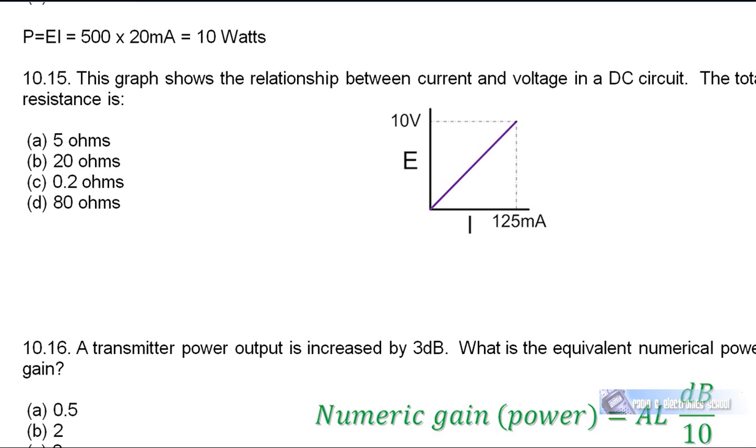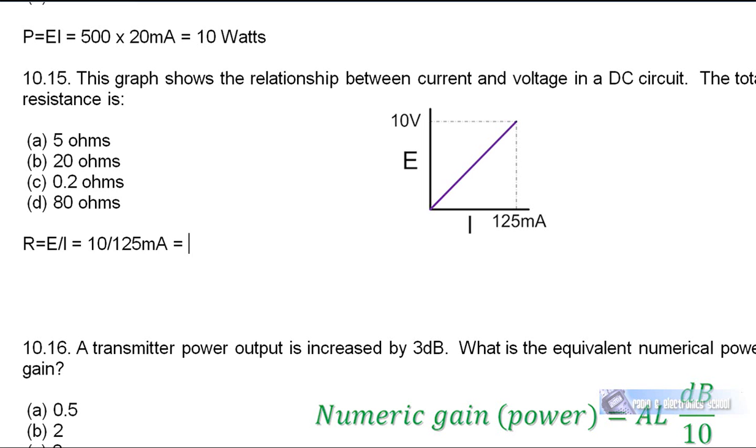So we want to know resistance, and we're being told we've got 10 volts and 125 milliamps. So R equals E divided by I, and that equals 10 divided by 125 milliamps.